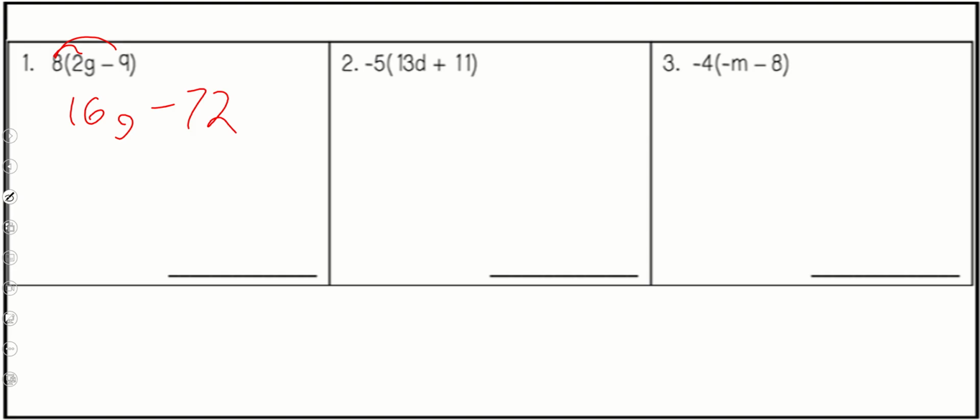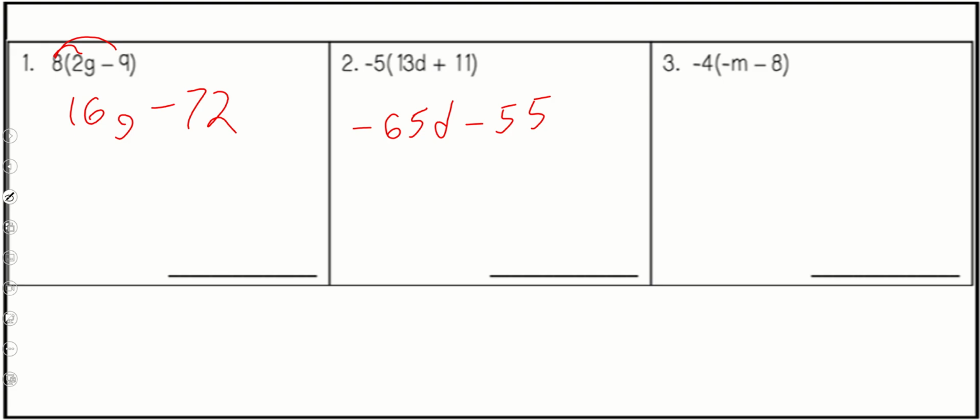Give me number 2. Negative 65d minus 55. That was correct. How about number 3?